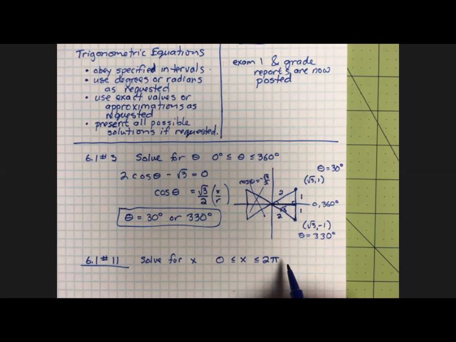Give all the answers exactly, do not use a calculator. So let's say I'm looking at 11, says 3 sine x minus 5 equals minus 2 sine x.